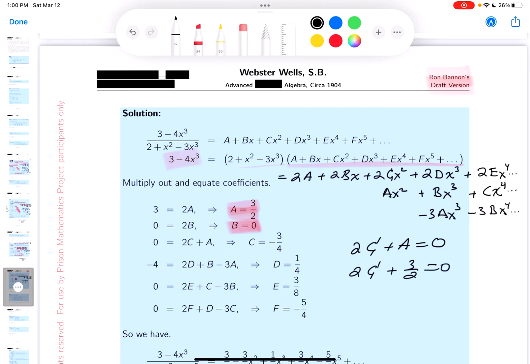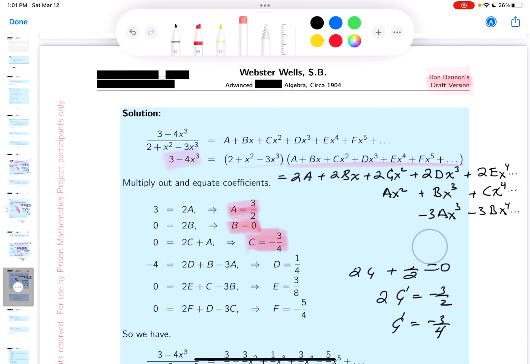Has to equal 0. 2c has to be minus 3 halves. c is minus 3/4. All right? Let me show you where that is in your notes, right over here. I'm going to erase that work because we're pretty much done with it. And again, it's surprising. Some people can do it in their head. I could never do it in my head.